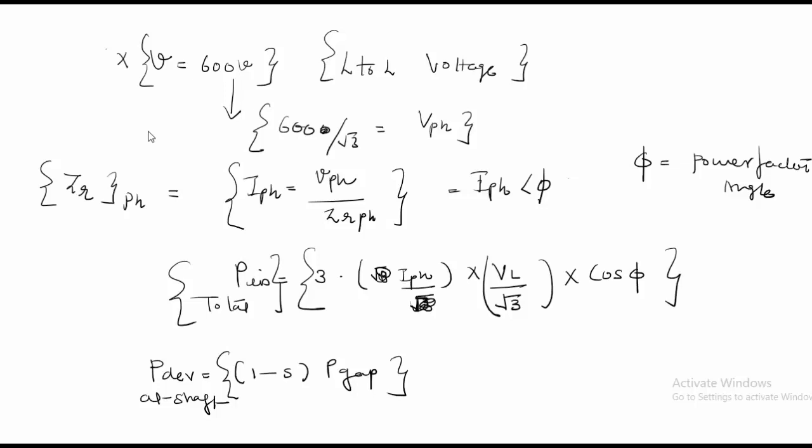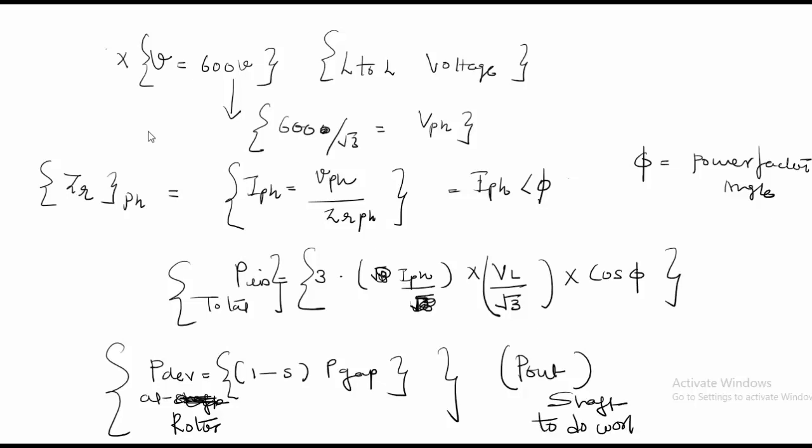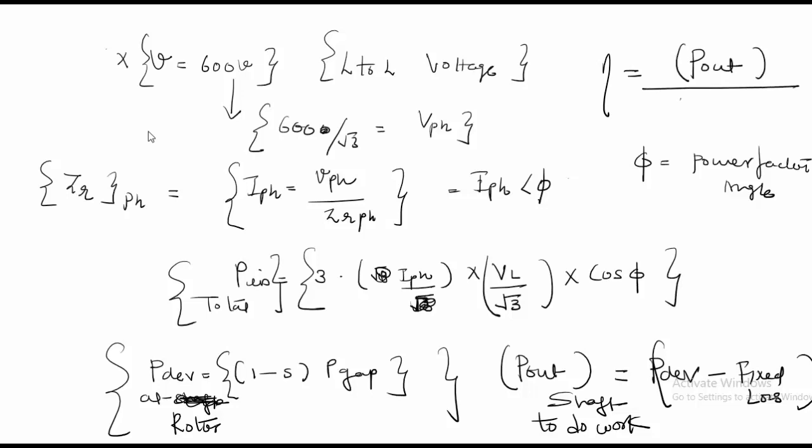This was the power developed at my rotor, and now my power output which is available at the shaft to do work was equal to P developed minus fixed loss. Then I found my efficiency is equal to P output divided by P input.